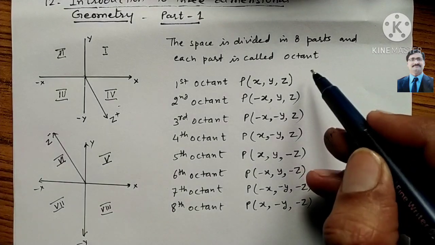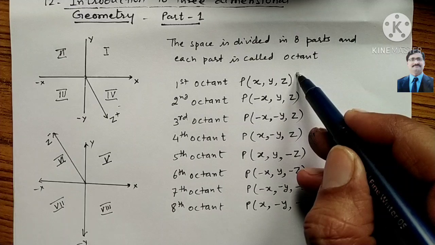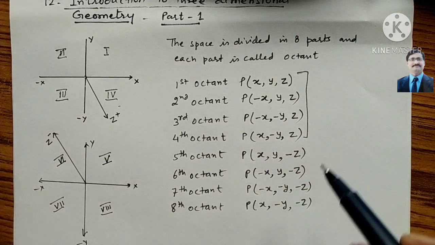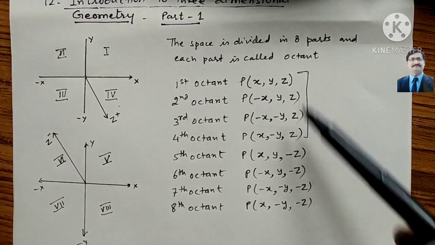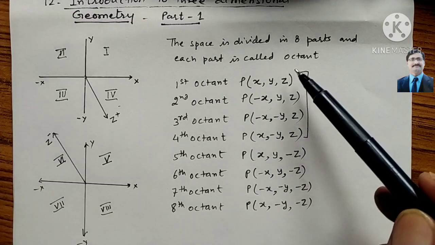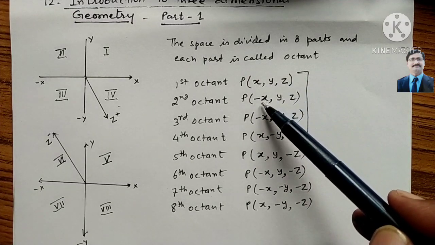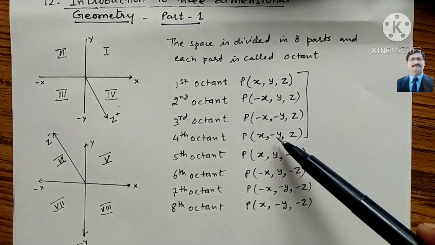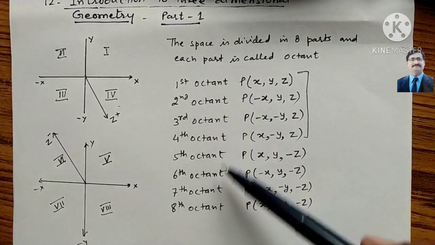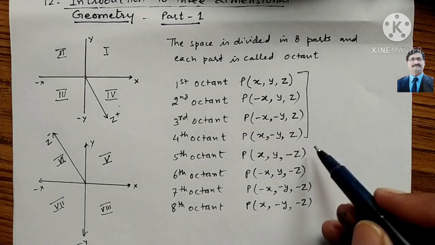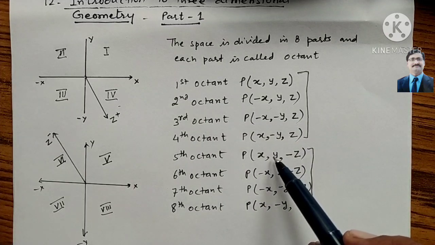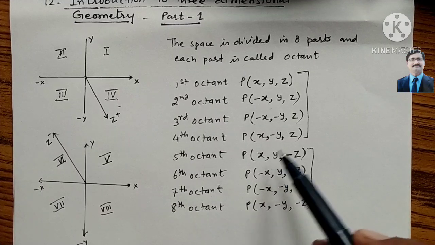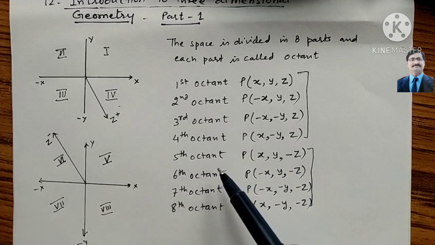Look here, these first four are the same as the quadrants we have. If z is positive, it is the same as a quadrant: first quadrant, second quadrant, third quadrant, and fourth quadrant mean the first to fourth octant. If z is negative, we have to add 4. Where x and y are positive, that is the first quadrant, and we add 4, so we have the fifth octant.